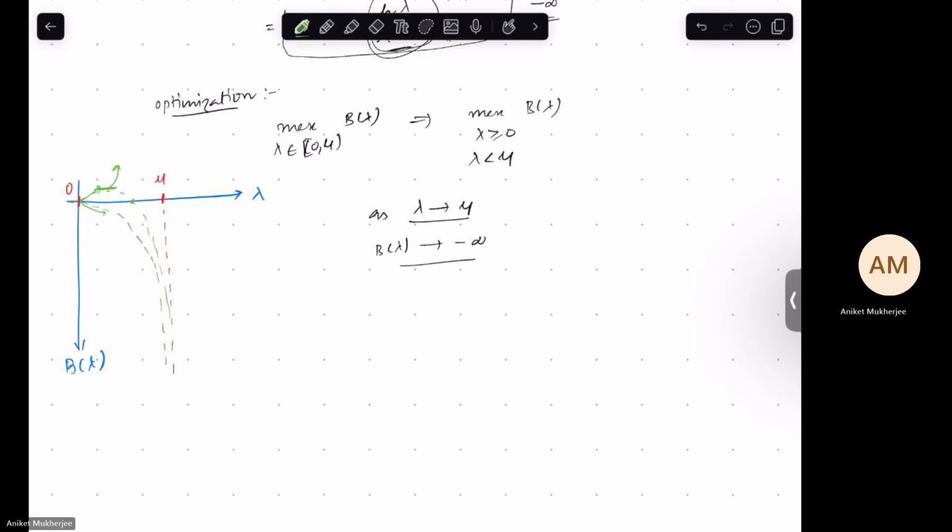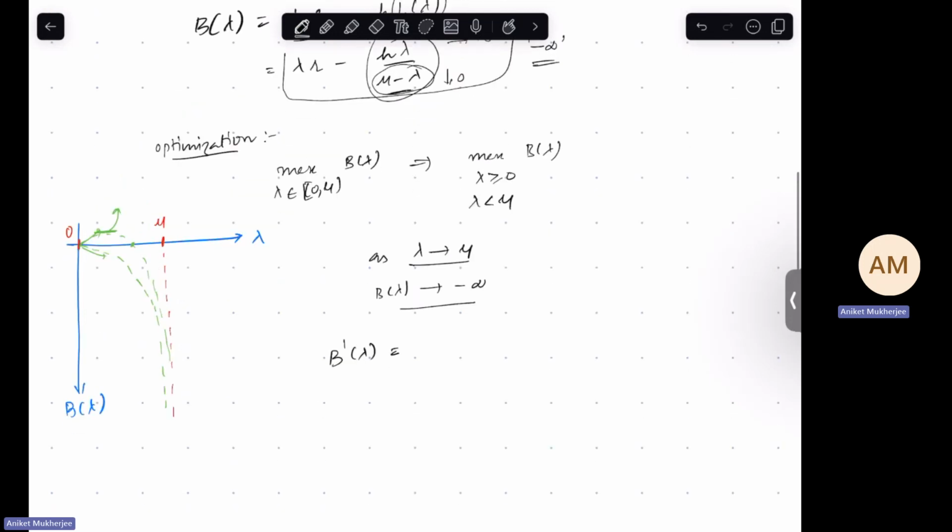First we calculate the derivative of b lambda with respect to lambda, which will give you r minus h into mu minus lambda plus lambda over mu minus lambda whole square.